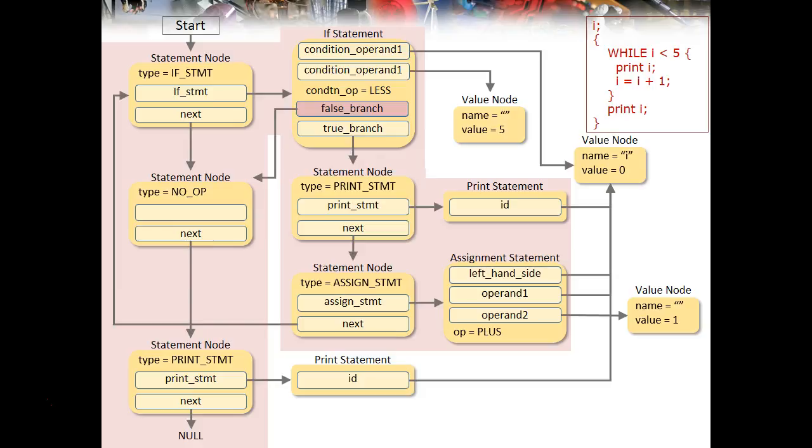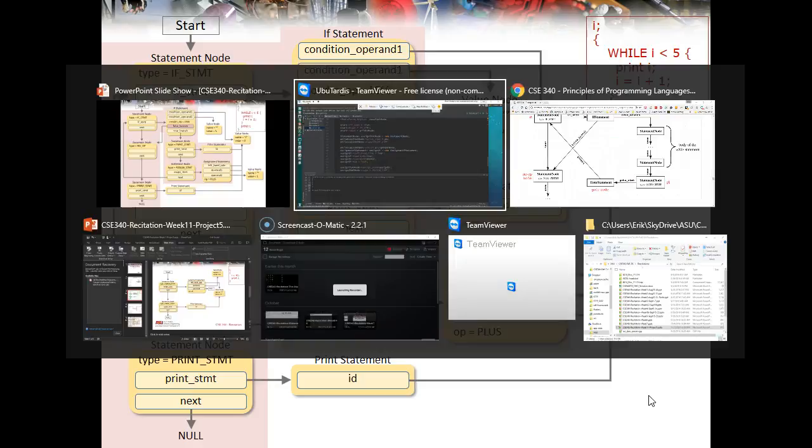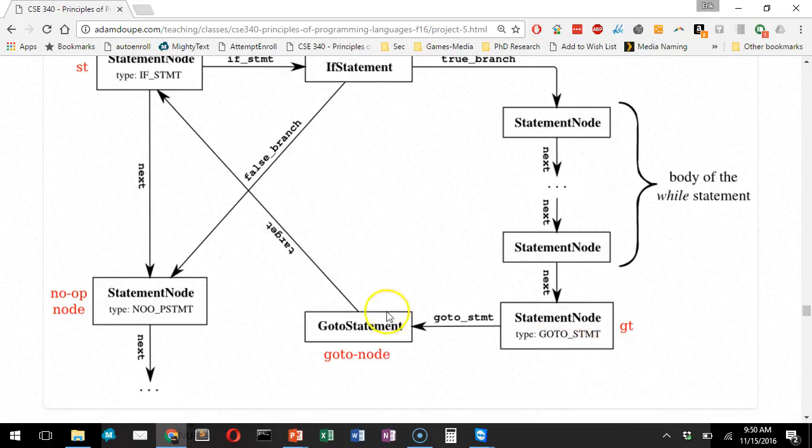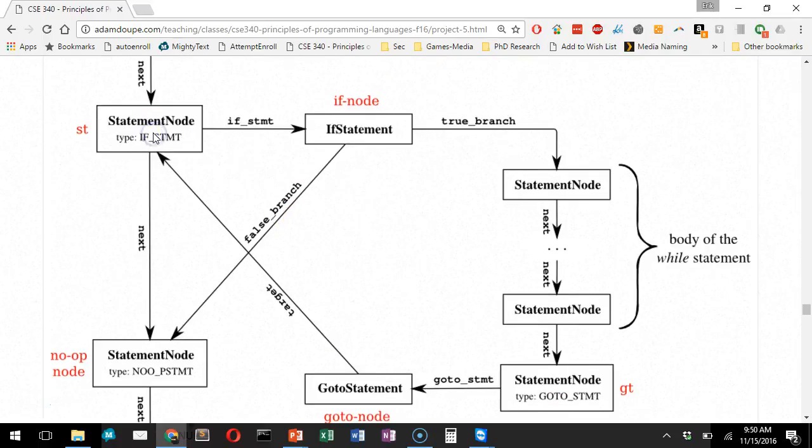Yeah, yeah. So what I believe should happen is the go-to statement will go back to, it does go back to the statement node. But it's the go-to statement, that's what I'm missing.